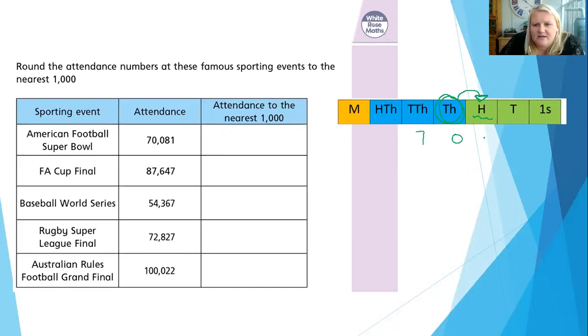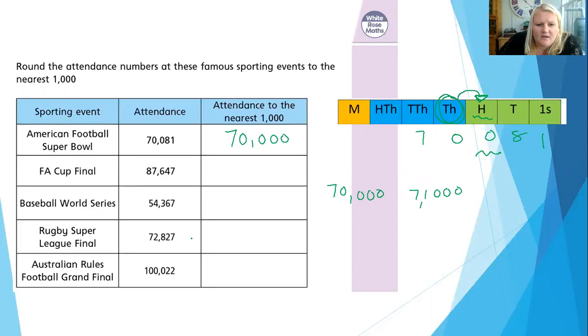So if I do 70,081, I know that it's going to be either 70,000 or 71,000. I've got nothing in the hundreds column, which means I'm going to round down to 70,000.